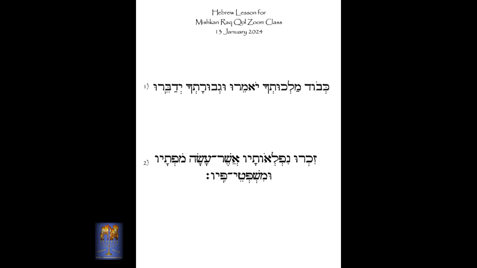Then we have a tav here, and look how it's pointed. We have kamatz with yud and vav following. That's a diphthong, right? So that makes what sound? Av with the consonant sound in front. So in this case, tav. Okay.